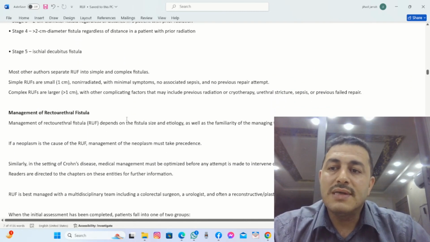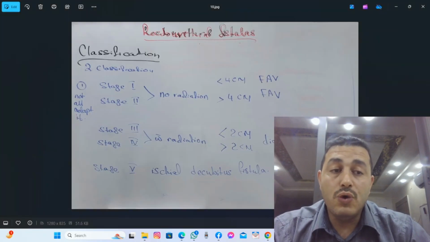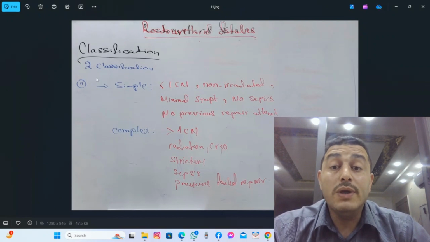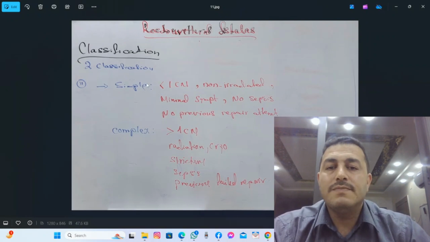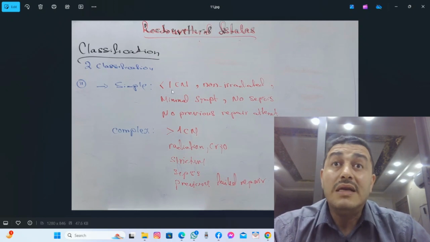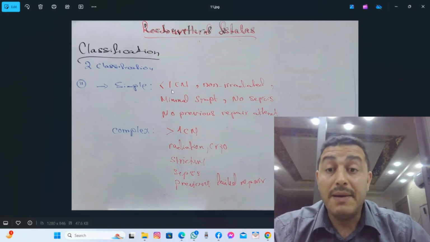Actually, as I said, as you see, not all authors have adopted this classification, and many surgeons use the classification of simple and complex fistula. What do we mean by simple fistula? We mean that all of these criteria should be met. It should be less than 1 centimeter, and we are talking about the diameter.